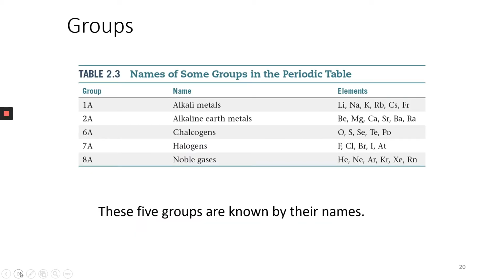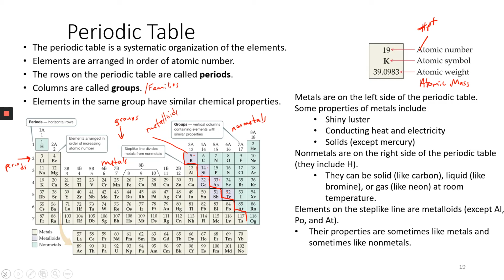Some groups on the periodic table have names. So your groups 1, 2, 6, 7, and 8 have names. So if I go back to this picture for a minute, this is group 1A, 2A, and then 6A, 7A, and 8A have names. So this group right here is your alkali metal.